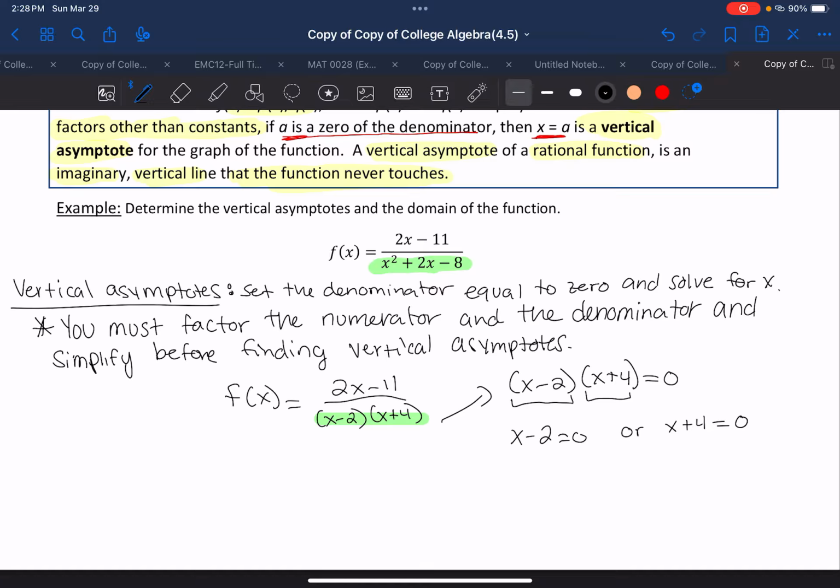So I would add 2, so x would be equal to 2. This would be one vertical asymptote, or x would be equal to -4. This would be my other vertical asymptote. So that's it, I just found them. Those are the values that make the denominator equal to 0.